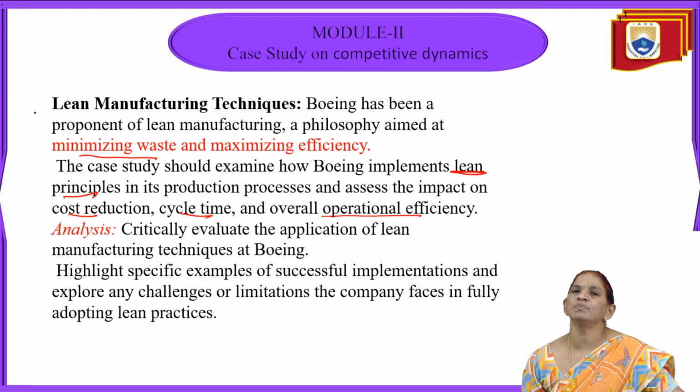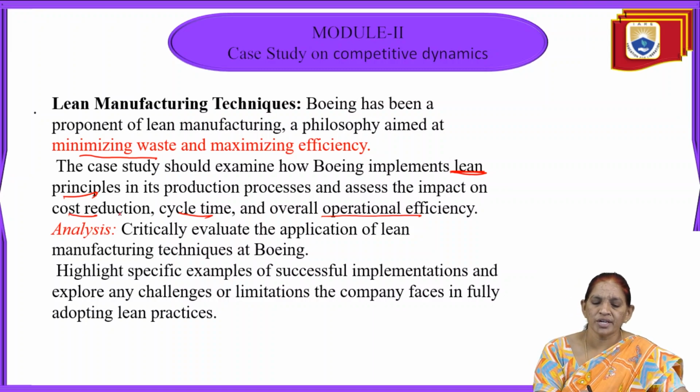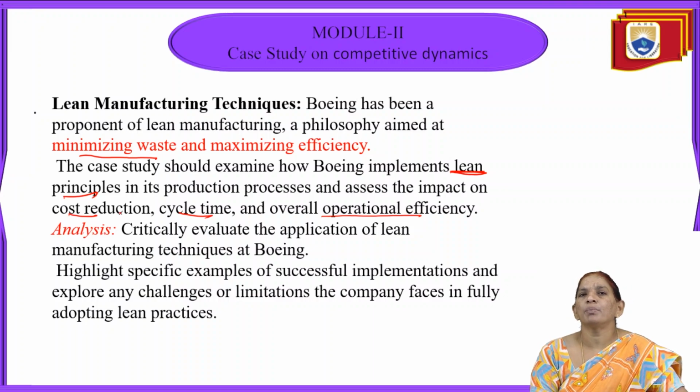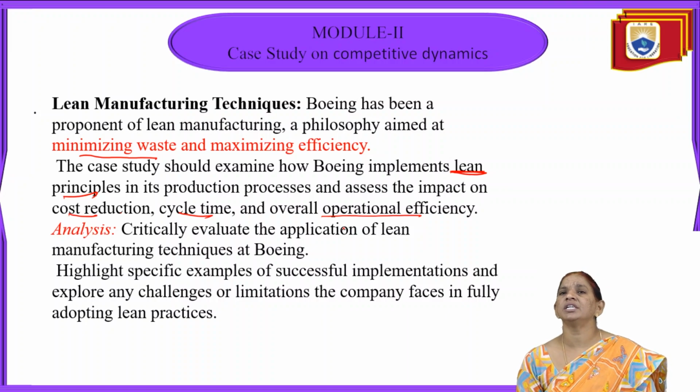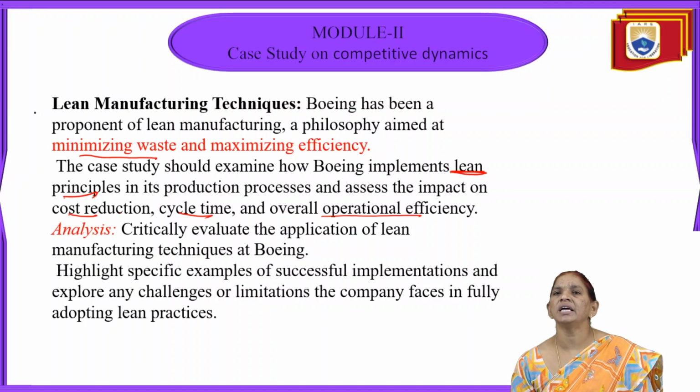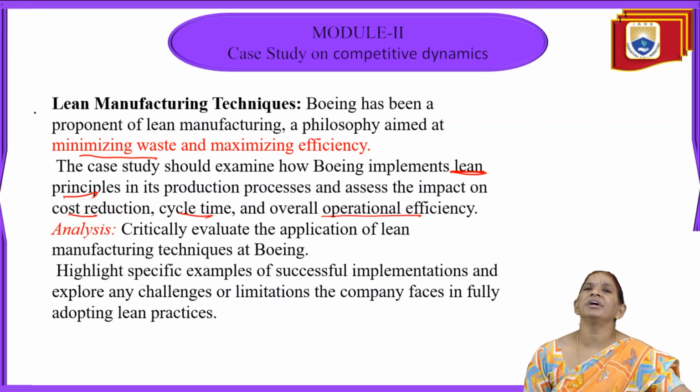Means these lean principles brought advanced processing techniques which had an impact upon cost reduction, means decreasing the per unit cost of the product, and also cycle time, means the production time required. By reducing the production time we can manufacture the products many times, and overall efficiency relating to the organization's internal activities has increased by adopting lean manufacturing techniques.